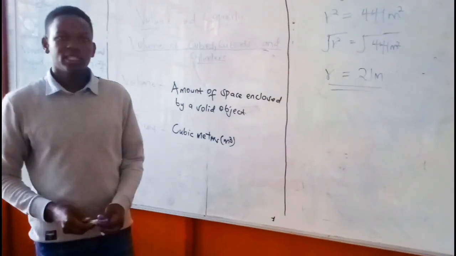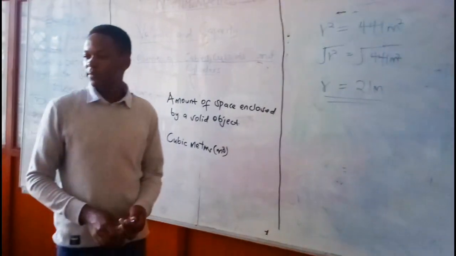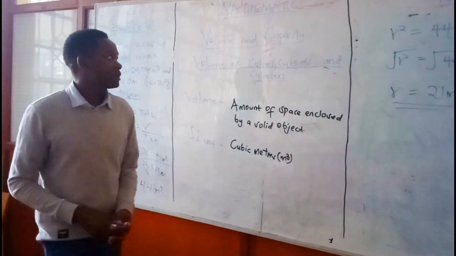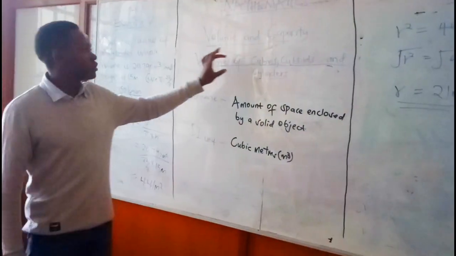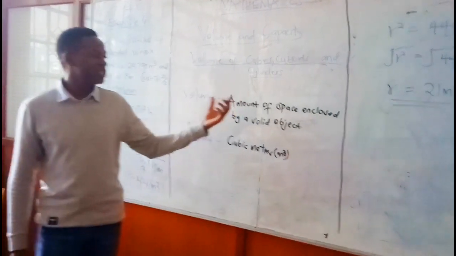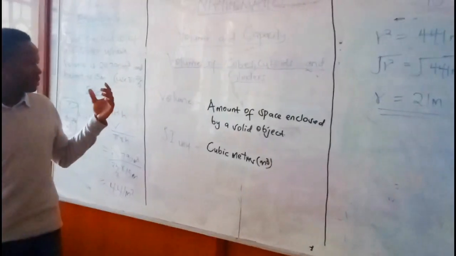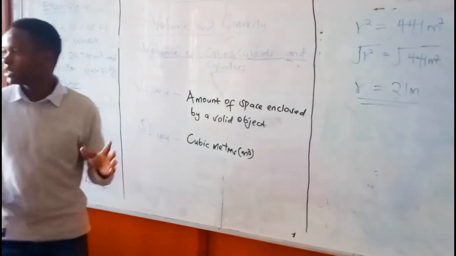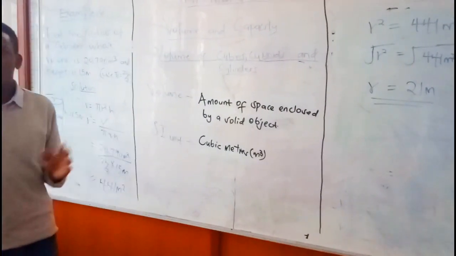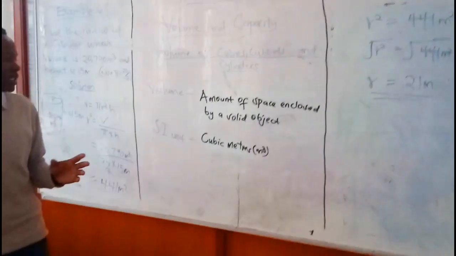So that marks the end of our class today. So today we have learned about volume of cubes, cuboids and cylinders. We also learned about volume, which is the amount of space occupied by a solid object.